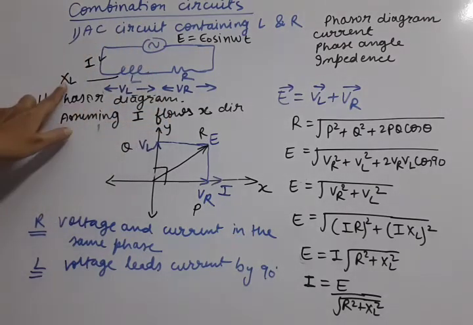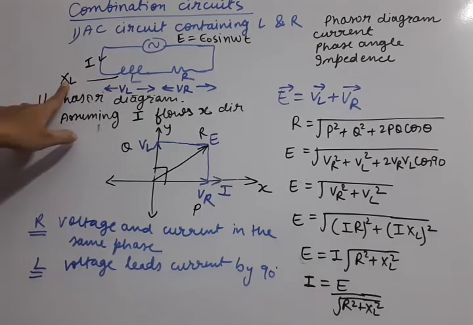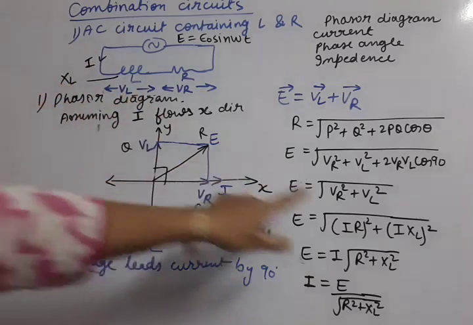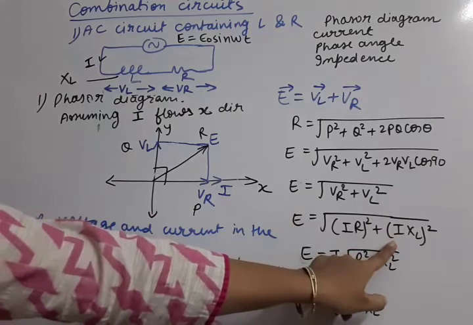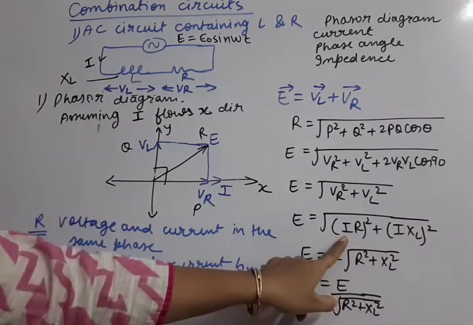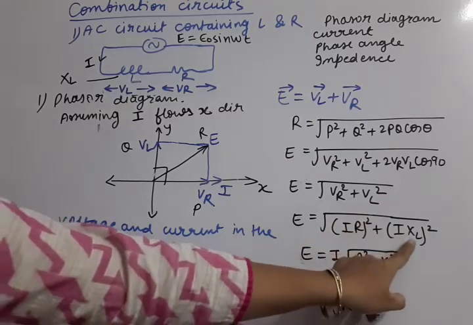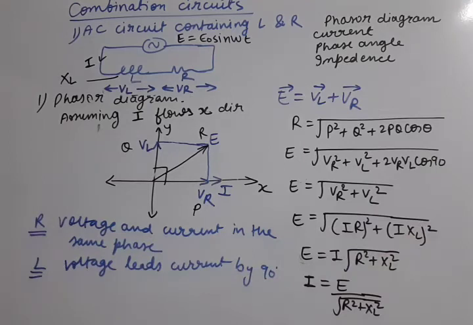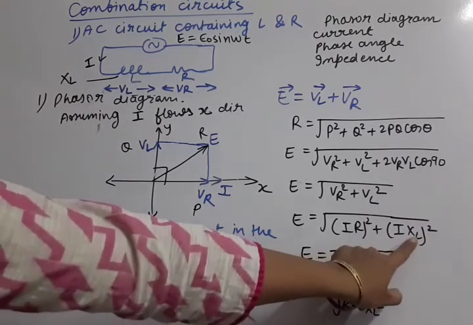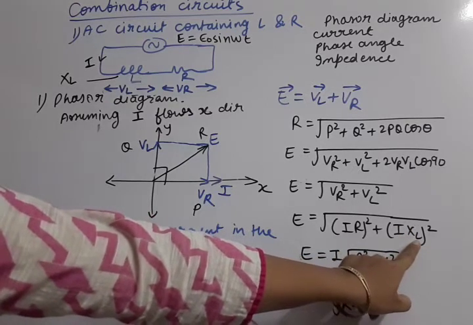That we call reactance and we call it XL. So if current I multiplies with XL, I'll get voltage. That's why VL is written as I into XL. Like voltage of resistance is I into R, voltage of inductor is I into XL. XL means reactance, and L is written only in the suffix.